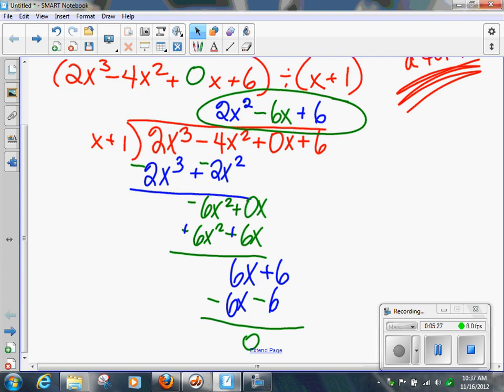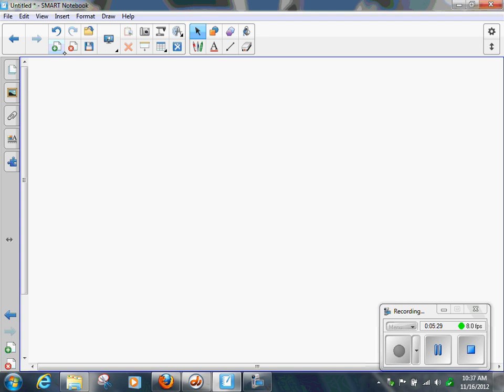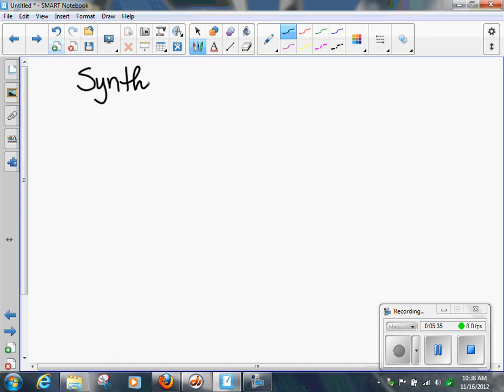So there is another tool that we're going to use called synthetic division. And this will take the place of long division. It's kind of on the same order. We kind of do the same thing, but it's a little bit different, okay?